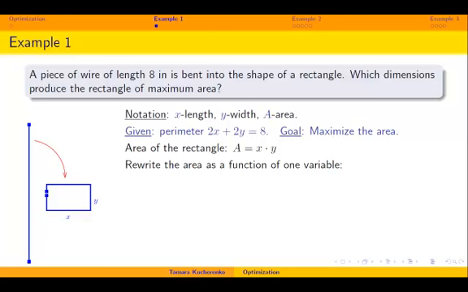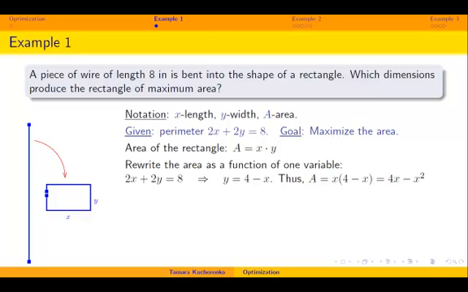This can be done because x and y are related. 2x plus 2y equals 8, which gives y equals 4 minus x. Substituting the expression for y into the formula for the area, we obtain A equals x times (4 minus x) equals 4x minus x squared. This is a function of x alone.